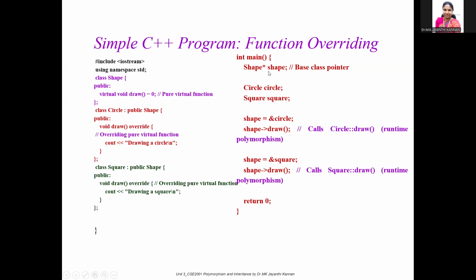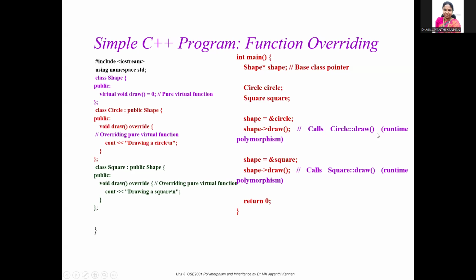In the main program, we create a base class shape type pointer. A circle class object is created, and a square class object is created. The shape pointer takes the address of circle, and through the pointer we call shape arrow draw.